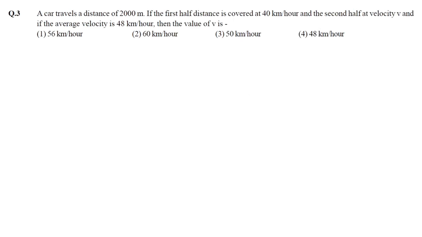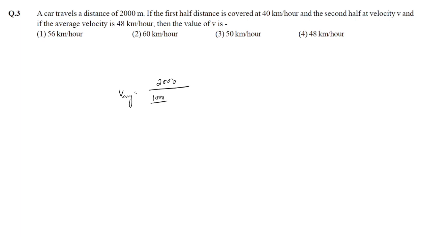See the next question. A car travels a distance of 2000 meter. If the first half distance is covered at 40 km per hour and the second half at velocity v, and if the average velocity is 48 km per hour, then find the value of v. So here also the same formula, average is equal to total distance divided by total time.